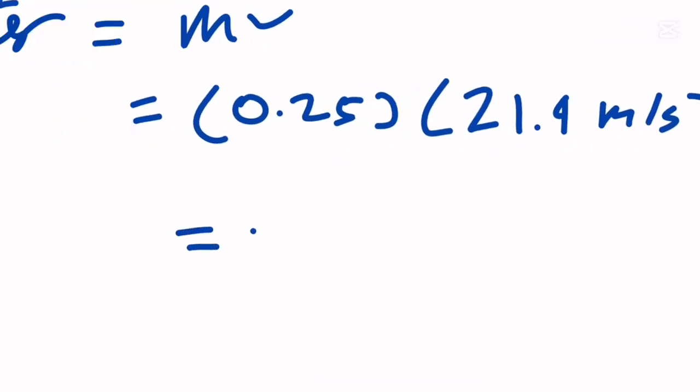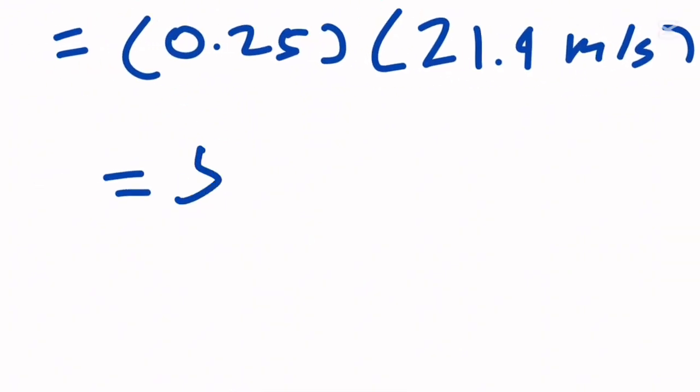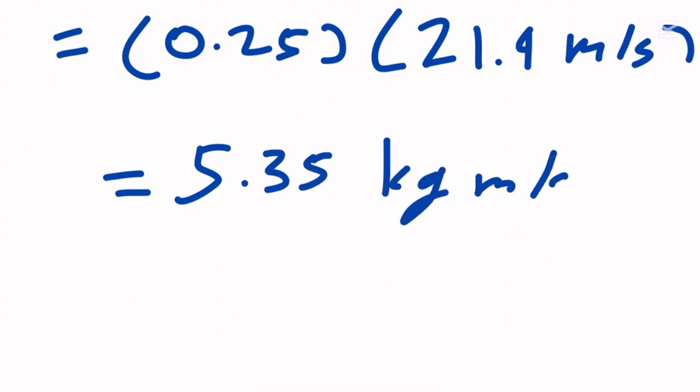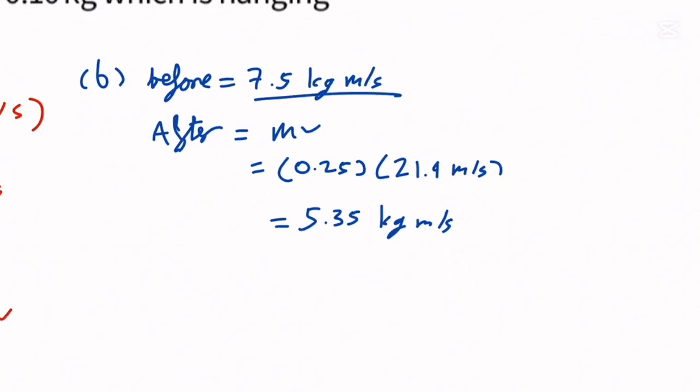We calculate that, and that would get us about 5.35 kilogram meter per second. And as you can see, momentum before the equation and after the equation is the same thing.